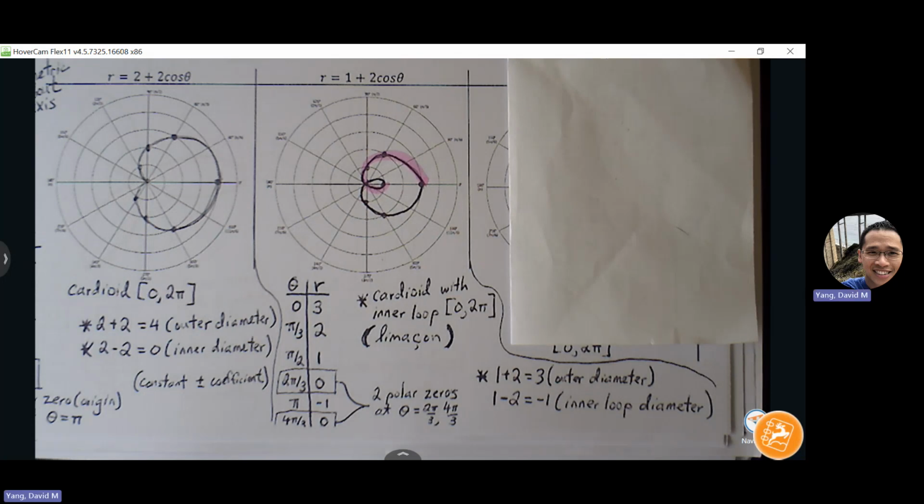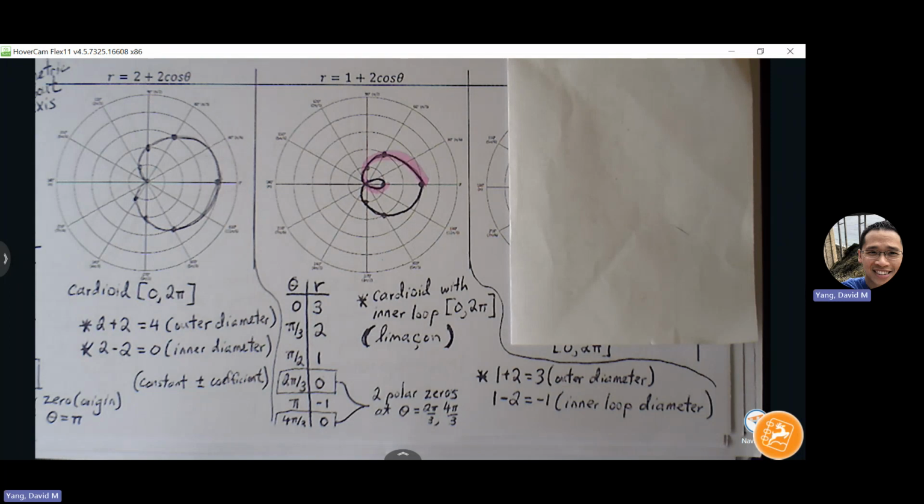So this is a cardioid with an inner loop called the limaçon. And here my outer diameter is just like we did before. We add the coefficient and the constant. 1 plus 2 is 3. But then the inner loop diameter is 1 minus 2. And if we get a negative number doing the constant minus the coefficient, then that tells us that we're expecting an inner loop.